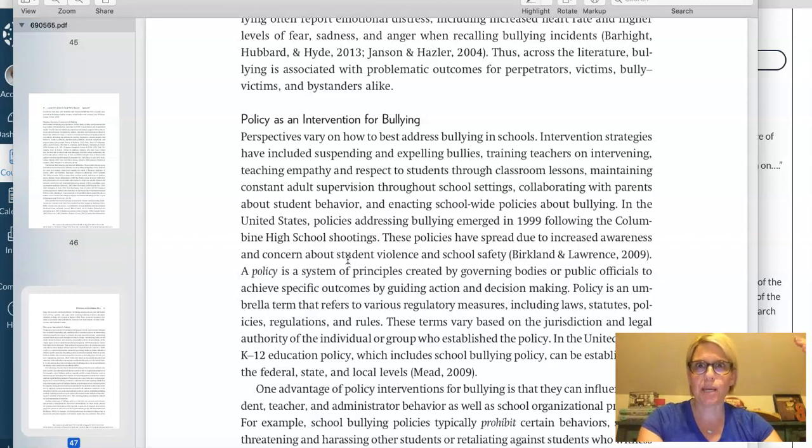They might know somebody who's been bullied, or they might even have had their own child be bullied. So it definitely reels them in. Versus if they had started out talking about policy, I don't know that would have been as exciting and really would have gotten people's attention. So this was a good strategy for them.